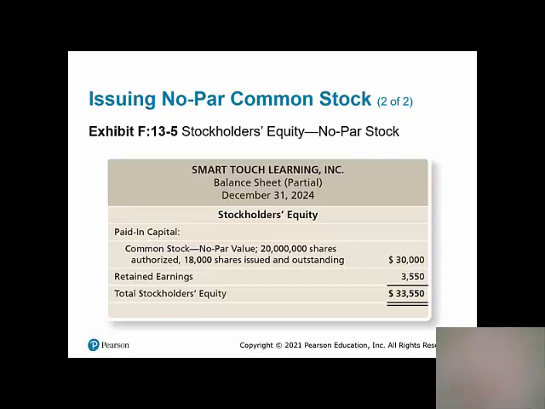So now when we look at the stockholders' equity section for Smart Touch Learning, we can see that the paid-in capital section would only consist of common stock, which would be for the whole $30,000. There is no additional paid-in capital shown when you have no par value stock. So we would have only common stock, retained earnings, and then our total stockholders' equity would be the same amount.